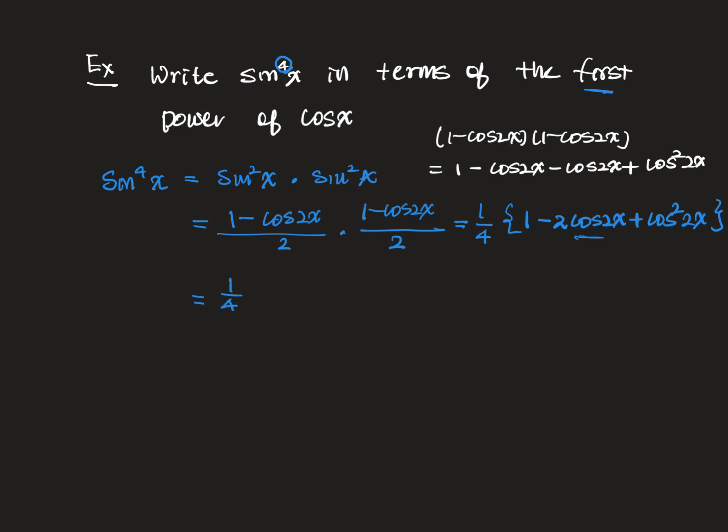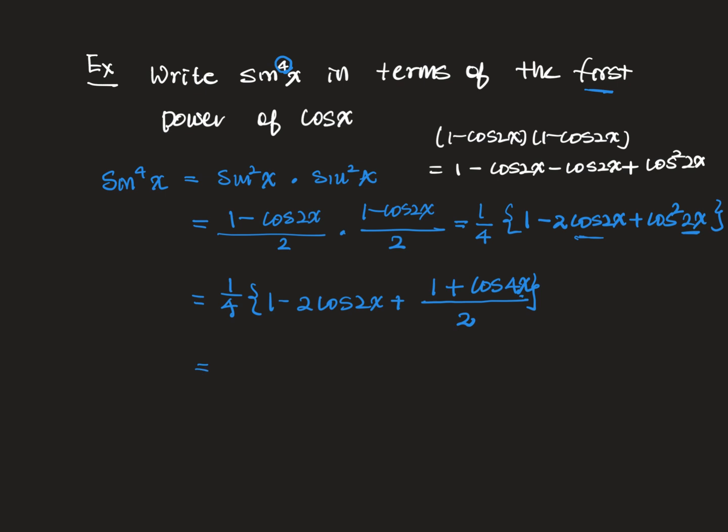So 1 over 4, 1 minus 2 cosine 2x plus, one more time, 1 plus cosine 4x over 2. Here's the formula: this is 2x, so here it's double, 4x, guys, okay?